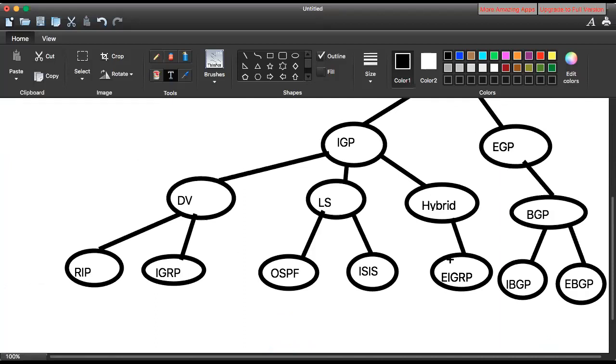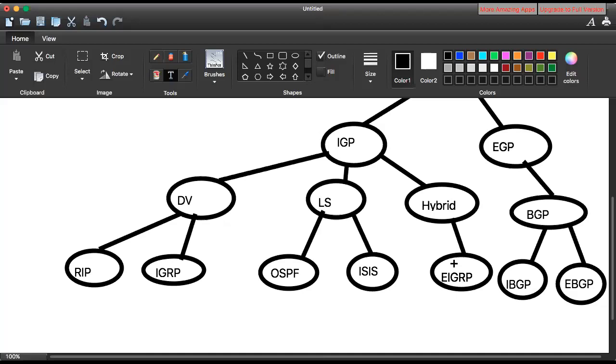They ask what are the features of distance vector in EIGRP and the features of link state in EIGRP. So you guys, offline, just do some research into it.